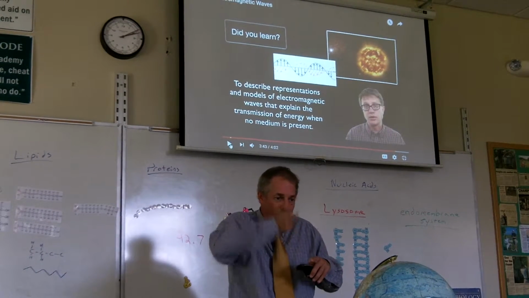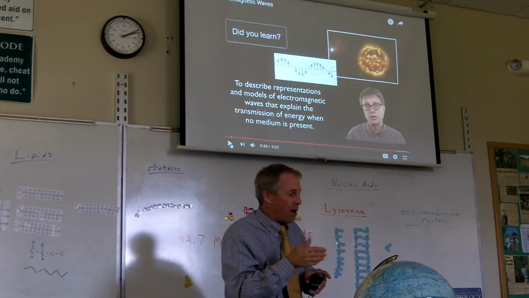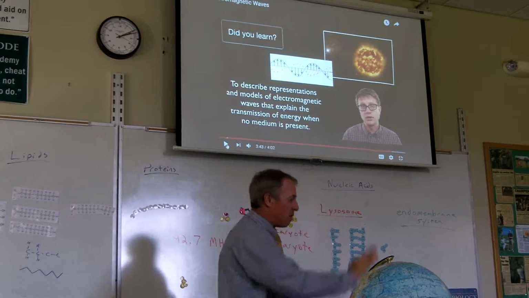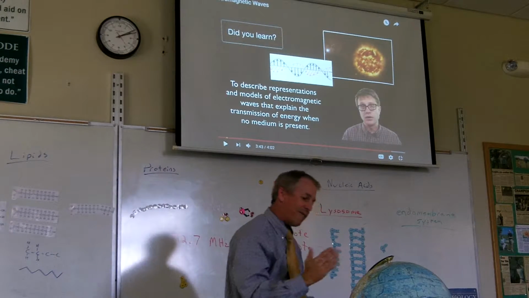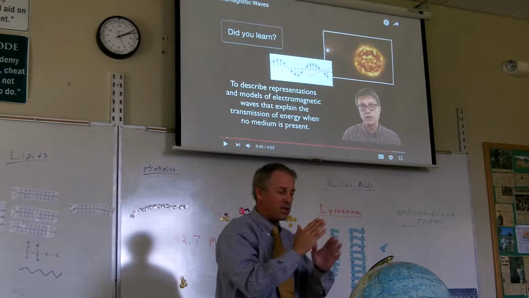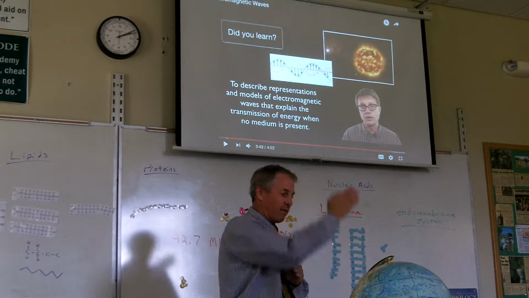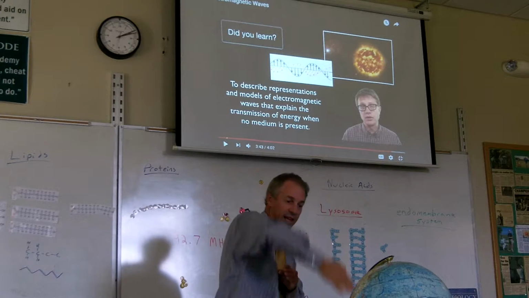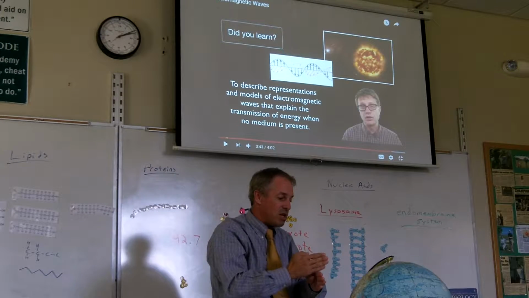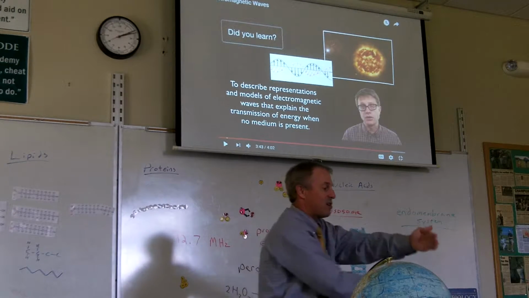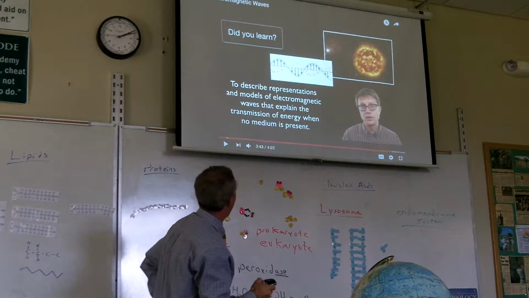When a particle is vibrating, it produces this wave, and the electric field goes up and down like this, but every electric field produces a corresponding magnetic field. And if the electric field wave is going like this, the magnetic field wave goes like this. So you have two waves going across one another, and that's what this diagram is trying to show you.